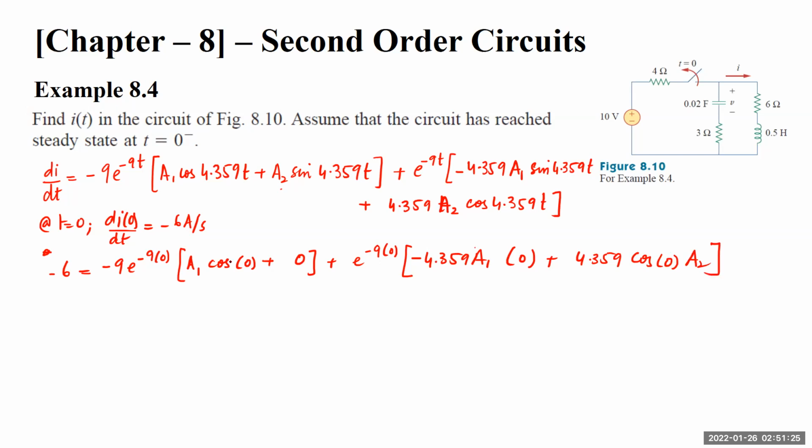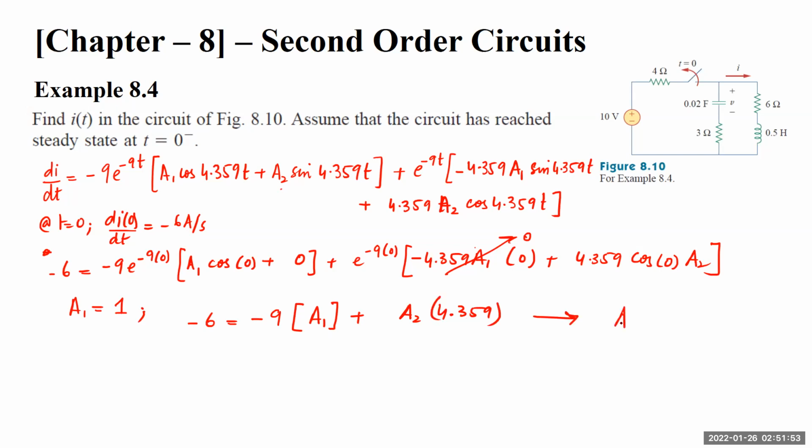Remember, a1 we have calculated as 1, so it becomes minus 6 equals minus 9 a1 plus a2 multiplied by 4.359 and multiplied by 1.